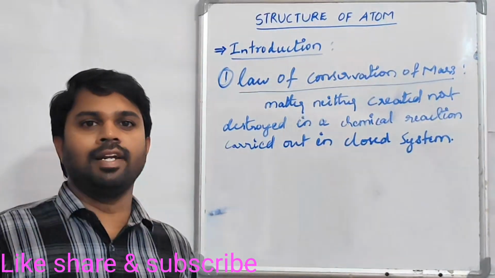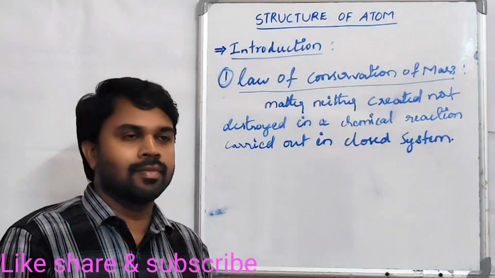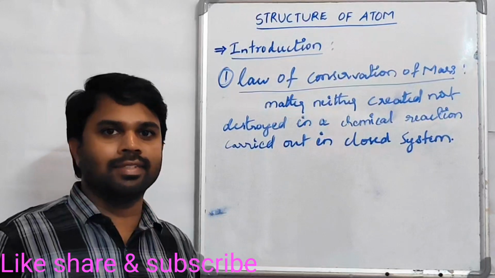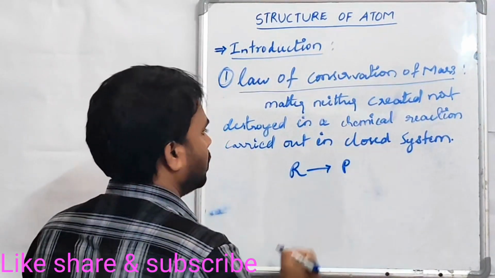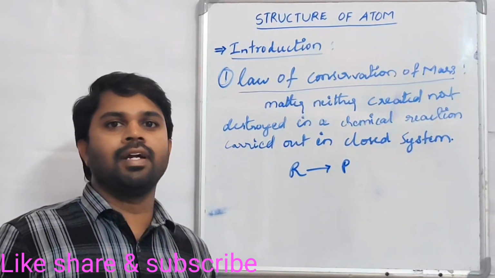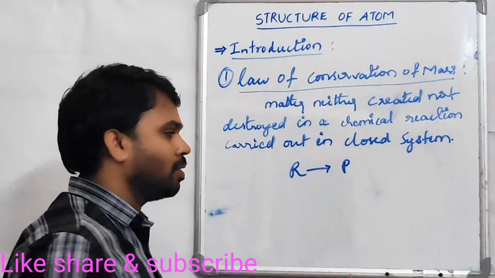This reaction is carried out in a closed container or closed system. We already know that a general chemical reaction contains reactants and products. According to this law, the mass of reactants is always equal to the mass of products.